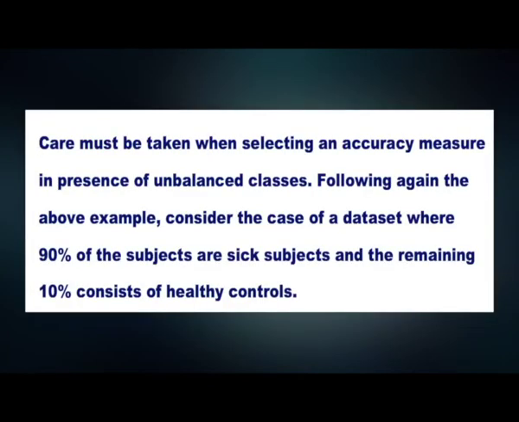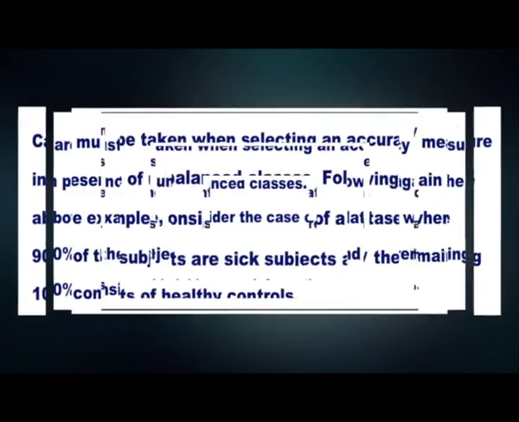Care must be taken when selecting an accuracy measure in the presence of unbalanced classes. Following again the above example, consider the case of a data set where 90% of the subjects are sick subjects and the remaining 10% consist of healthy controls.